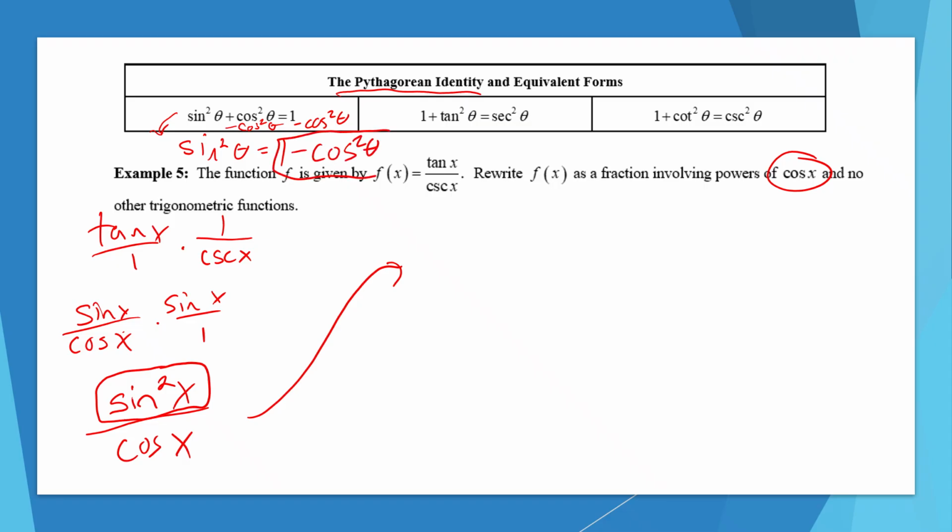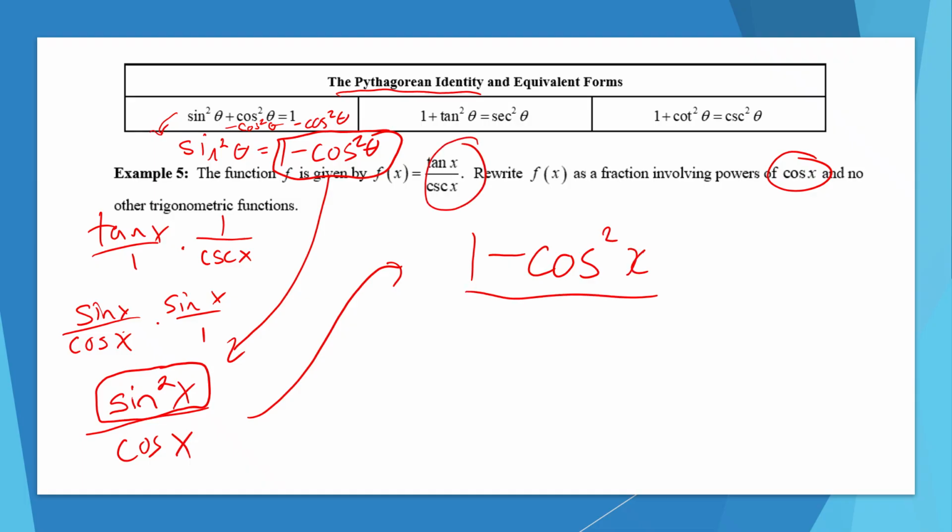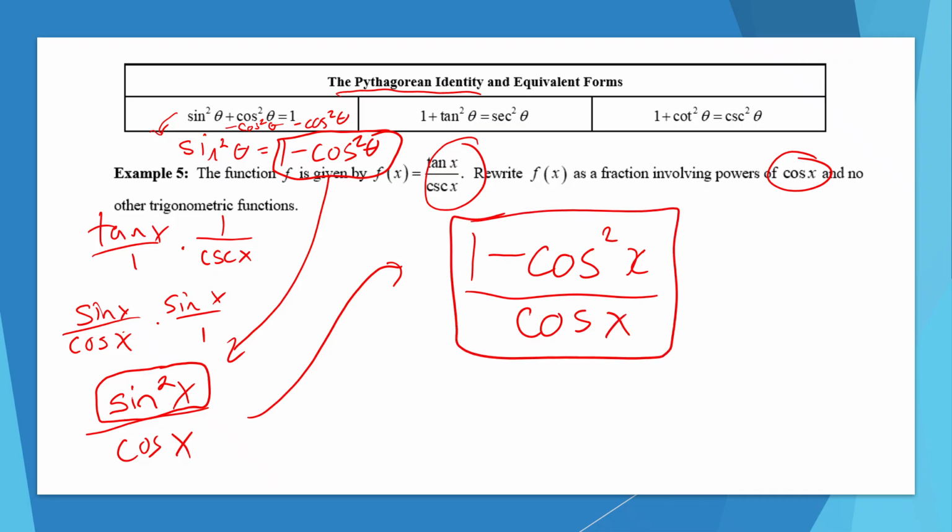I'm going to sub in this for sine squared x here to get 1 minus cosine squared, and I'm going to put x, not theta here, because that's what this equation is in terms of, over cosine x. And this should just be our answer for example number 5. This is a perfect fraction. It doesn't involve any other trig functions, and so this would be an acceptable answer here.